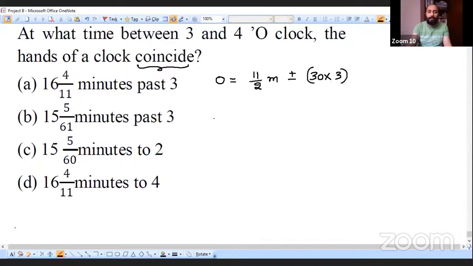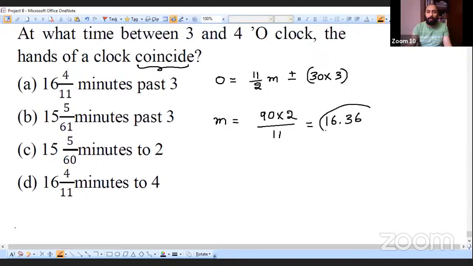So your M is equal to, 3 threes are 90. 90 into 2 divided by 11 is how much, people? 16.36.